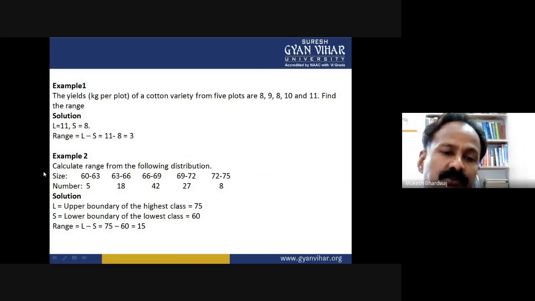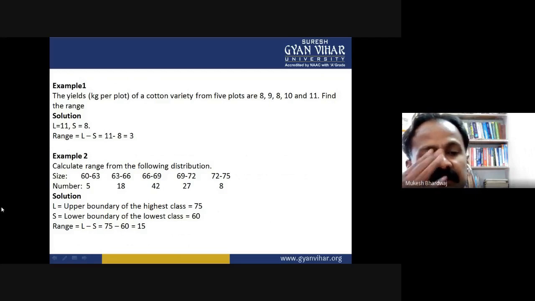So we have to choose the upper boundary of the highest class and the lower boundary of the lowest class. So the highest boundary is 75 and the lowest class starts at 60. So the range is given as 75 minus 60, which comes out to be 15.